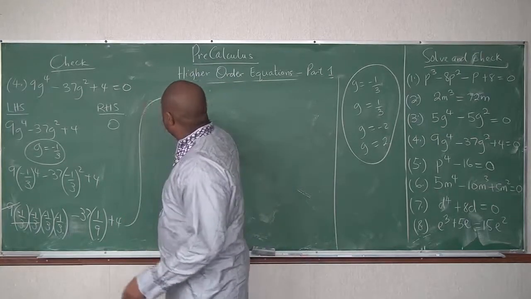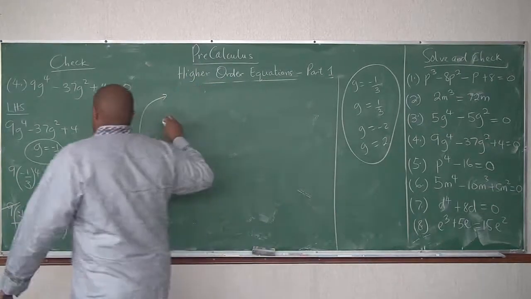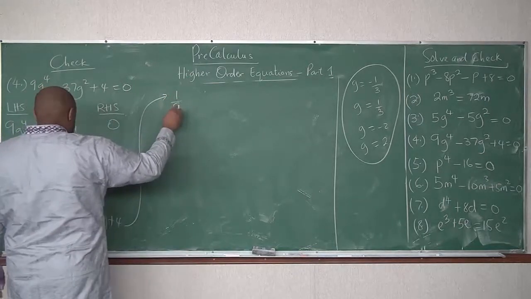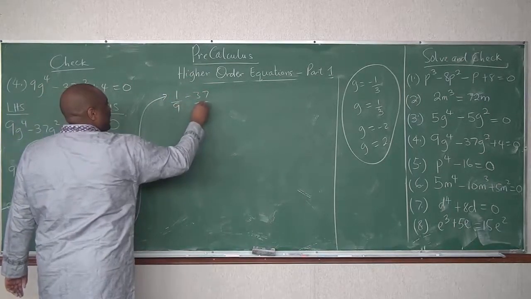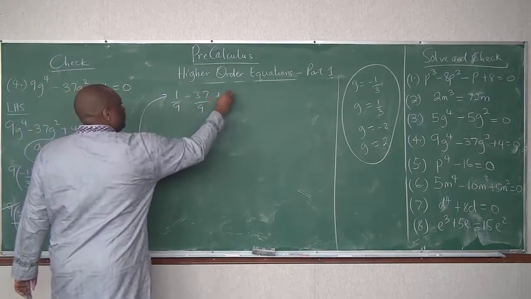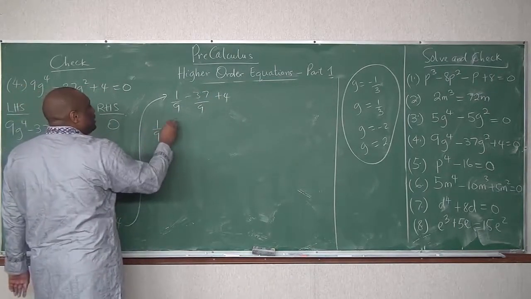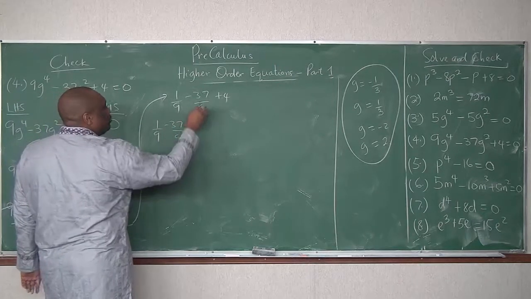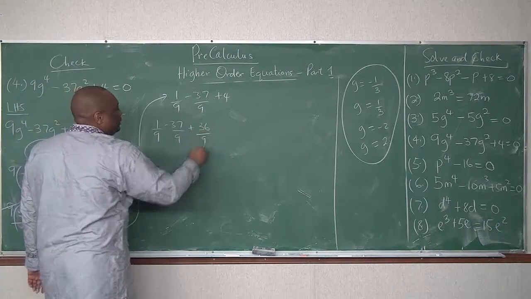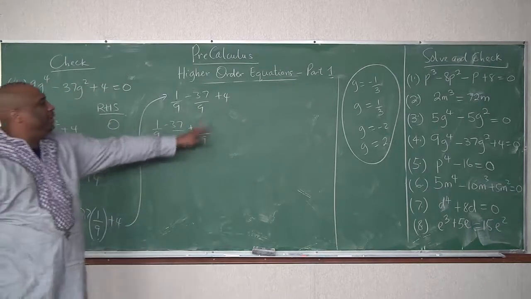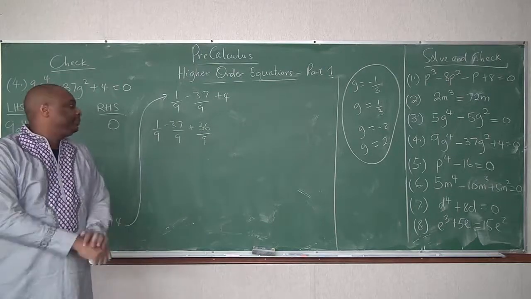What I have is 1 over 9 minus 37 over 9 plus 4. And that would be 1 over 9 minus 37 over 9 plus what? 36 over 9, because 4 is 36 over 9.